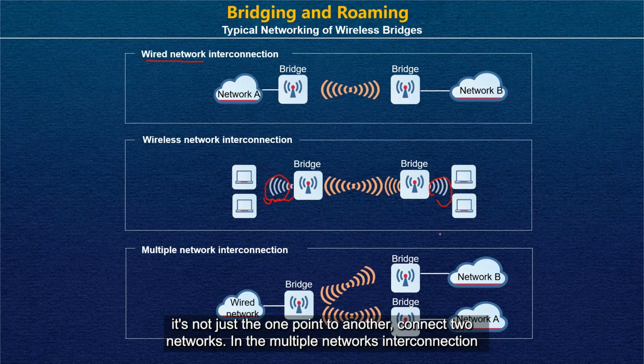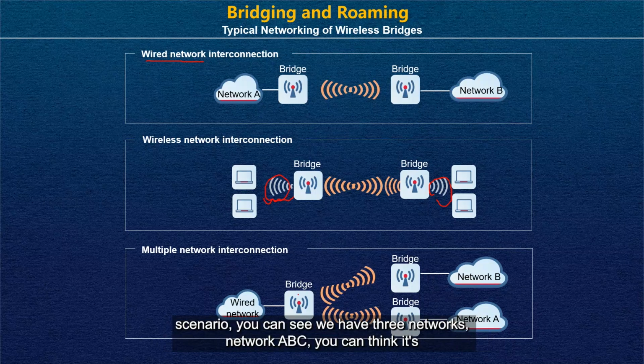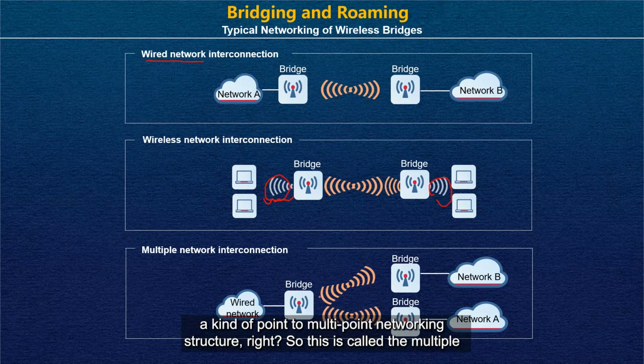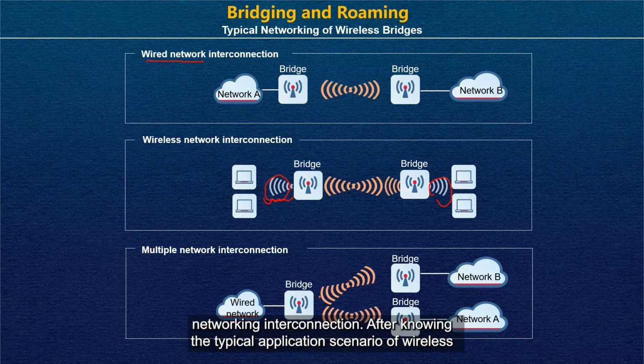In this scenario, you can see we have three networks, A, B, and C. You can think of it as a point-to-multipoint networking structure. So this is called multiple network interconnection.